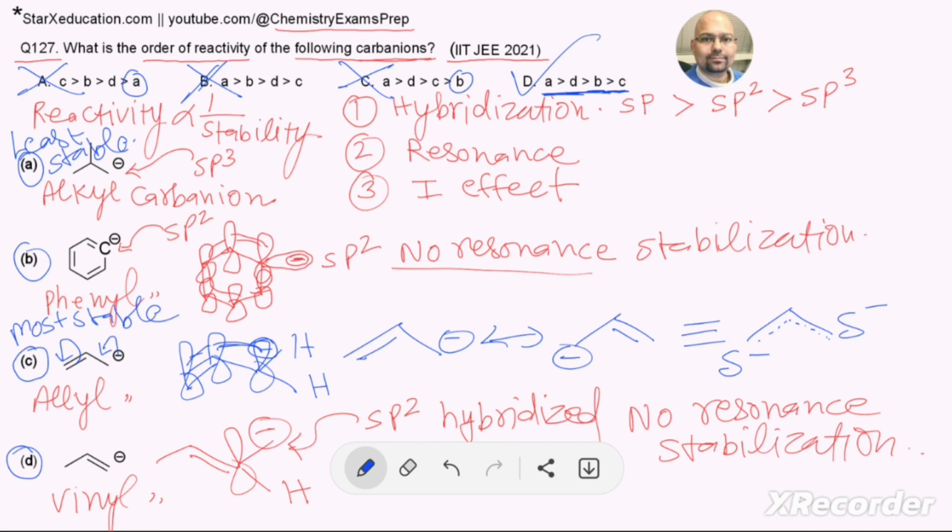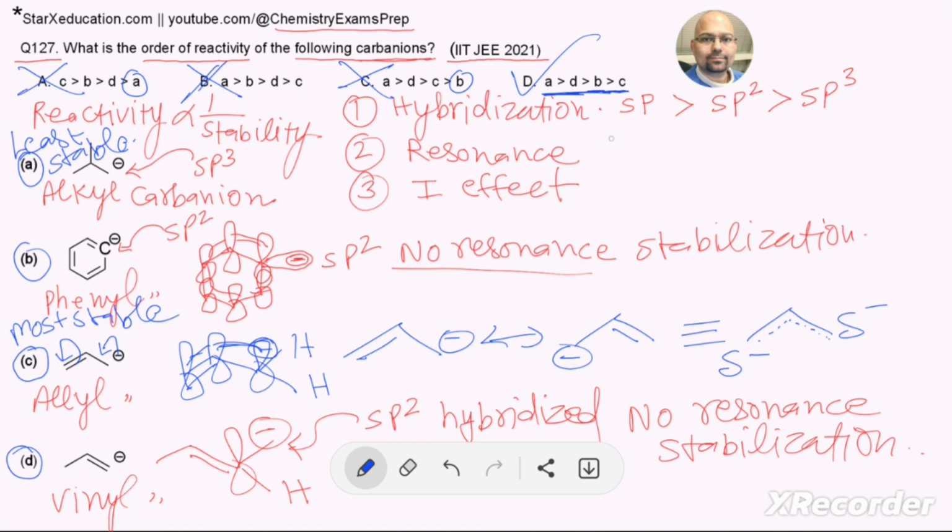To recap the question and the concepts that we have applied: for carbanions, the species that contain a negative charge on a carbon atom, they can be sp2 hybridized or sp3 hybridized, and sp2 hybridized carbanions are more stable than sp3 hybridized carbanions.